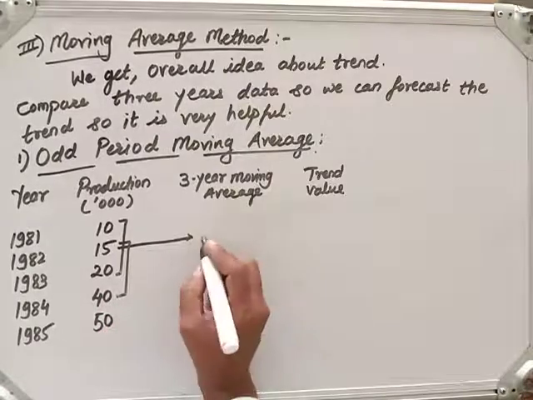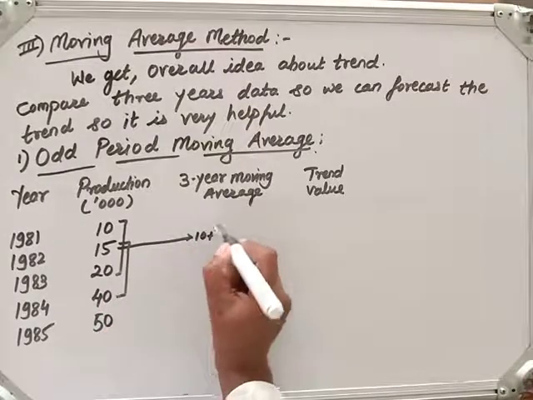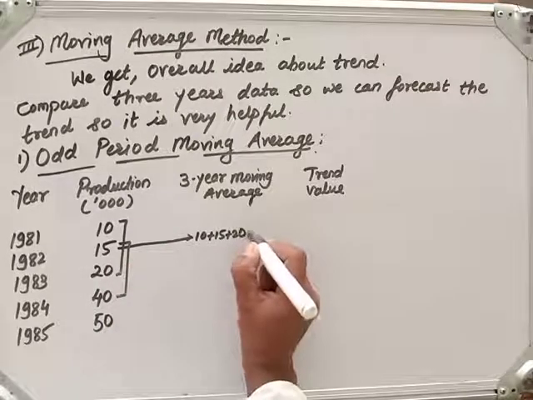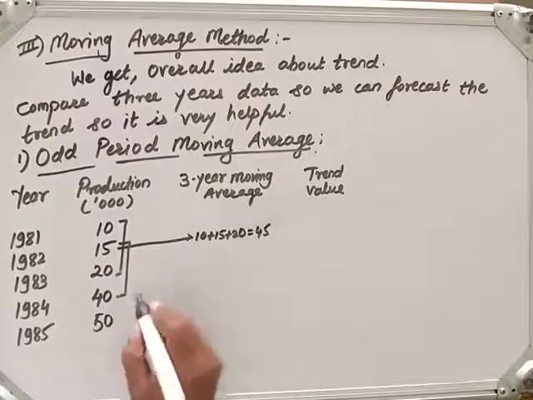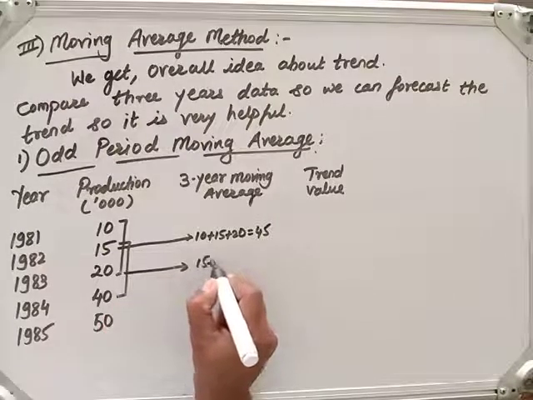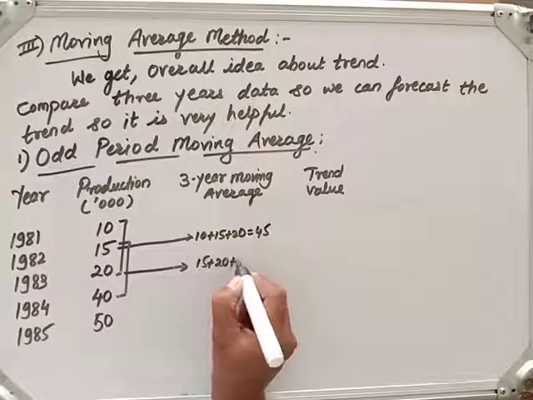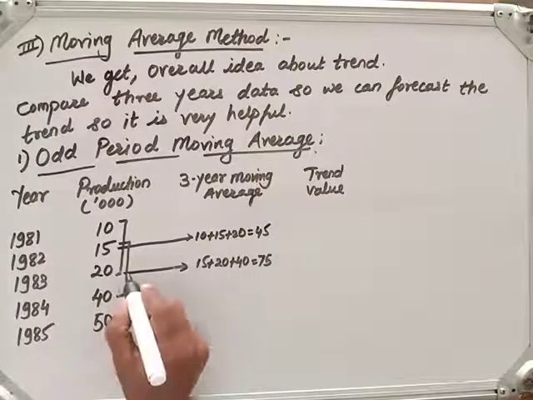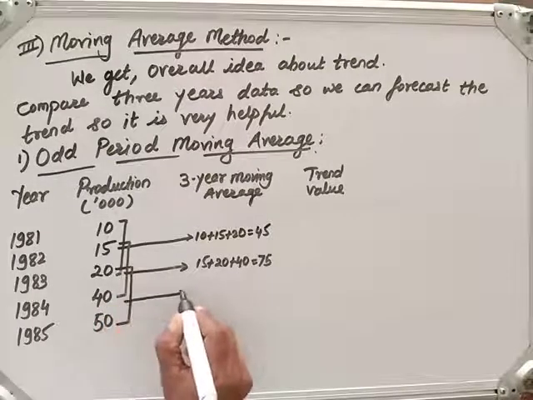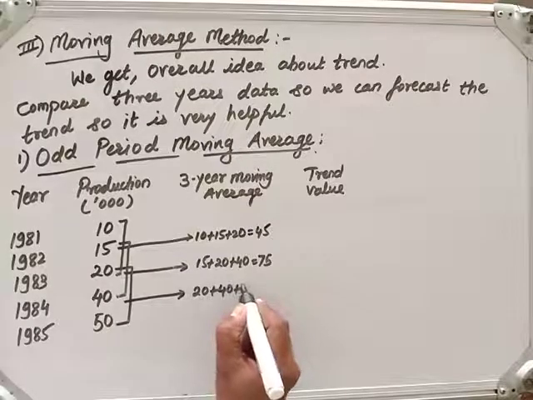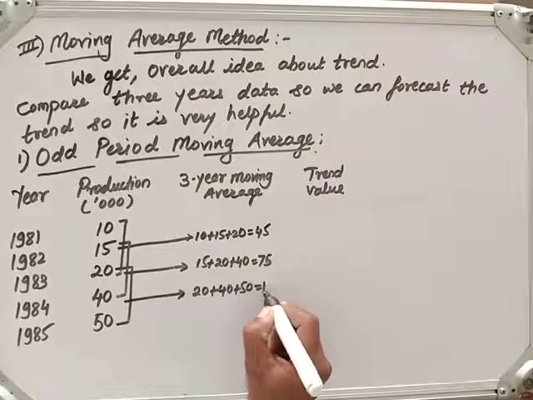That is 15 plus 20 plus 40, and that total is 75. Then again further these three, 20 plus 40 plus 50, which is 110.